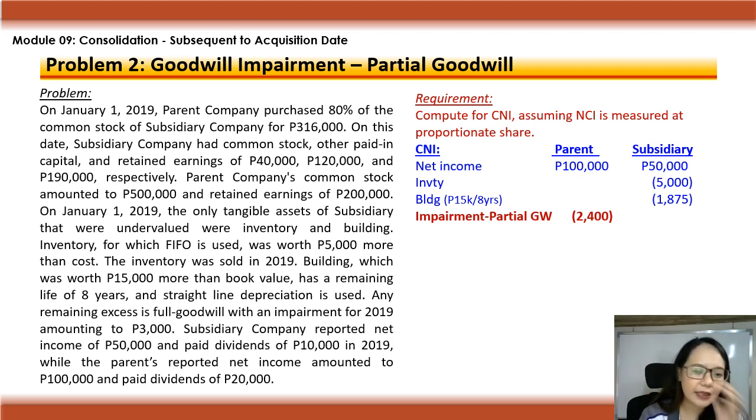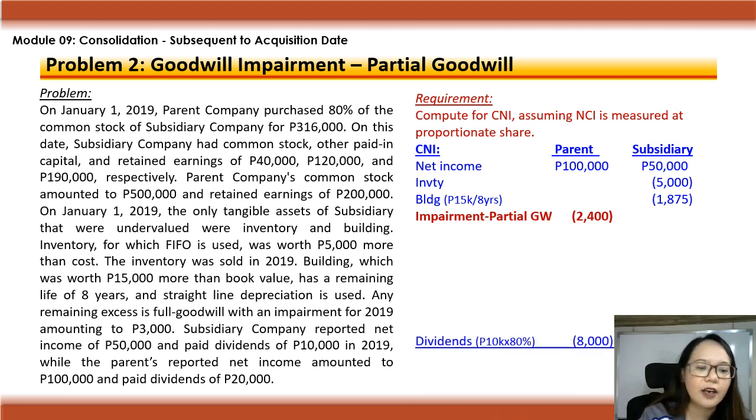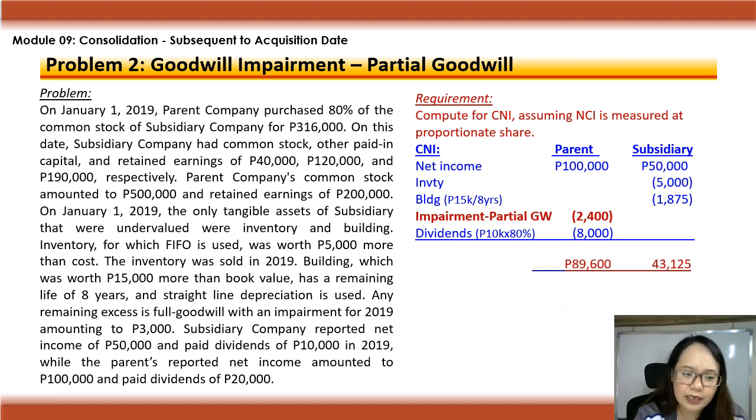So since si parent lang, dapat sa kanya lang din mapunta lahat ng impairment ng goodwill. Tapos ang sabi, 3,000 daw yung full goodwill na impairment. So kapag partial goodwill yan, that will be 3,000 times 80%. So, 2,400.